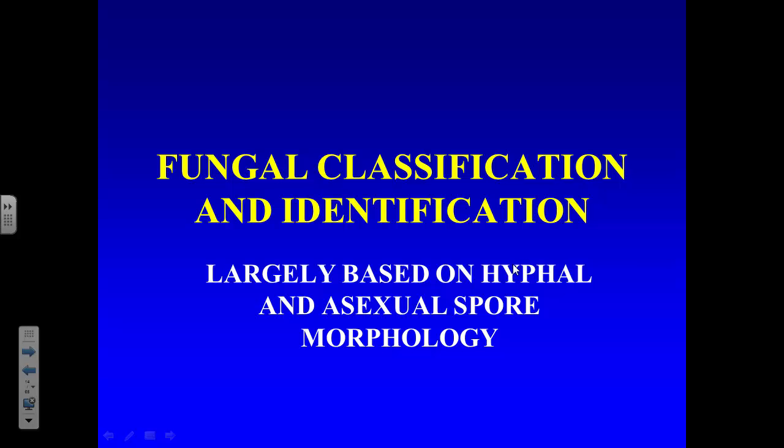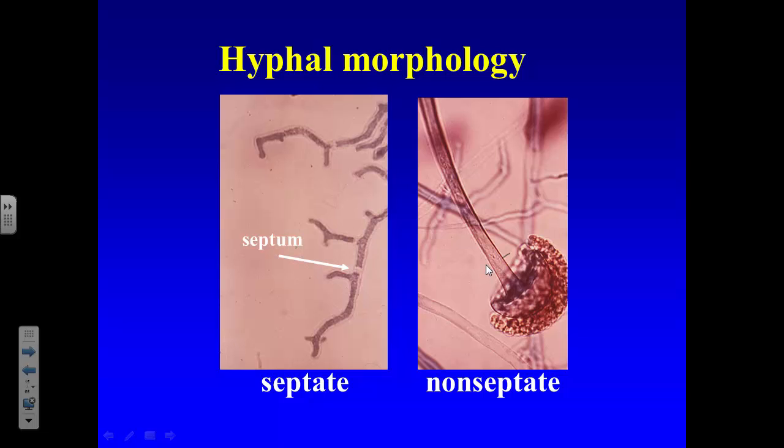In order to classify it, you very often have to grow it and see what kind of spores it makes. And that leads us to a little bit of fungal morphology. We describe some fungi as being septate, which means that sections of hyphae have little walls in between them. And then other fungi are what we call non-septate, which of course don't have those walls.